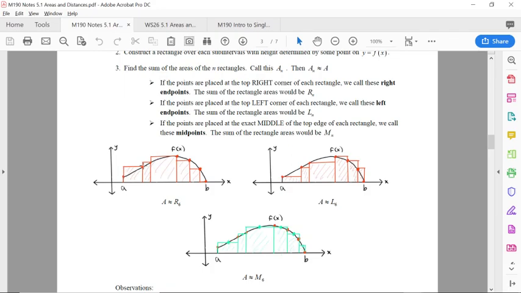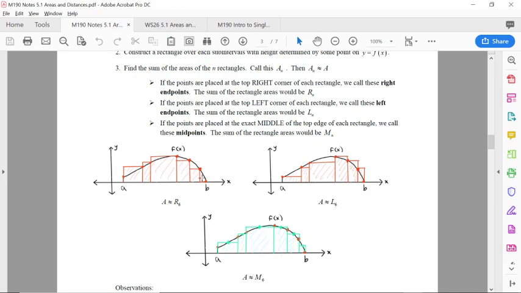We'll notice here, these three rectangles, all chosen by right endpoints, all in an increasing branch of this function, all give us overestimates.